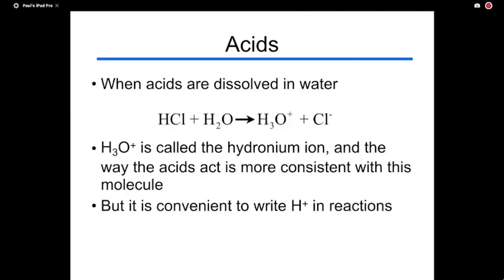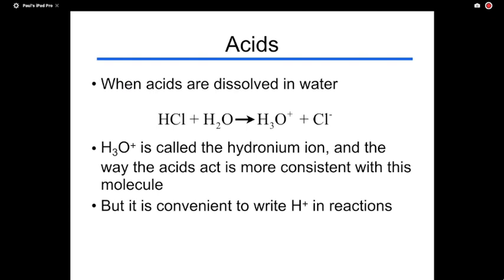The chemical story for an acid is this. When a compound like hydrochloric acid, which is really a gas if you actually have it pure, is dissolved in water, the acid reacts with the water, and we said it gives a proton. Okay?